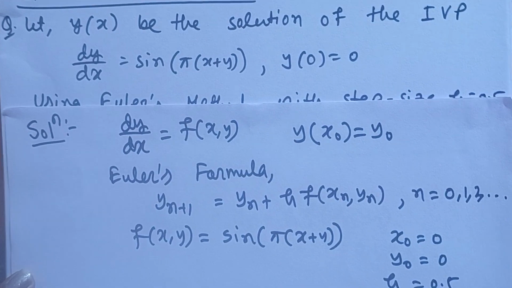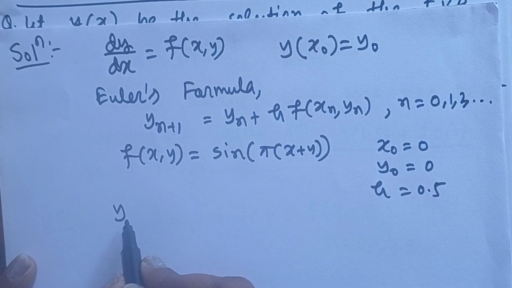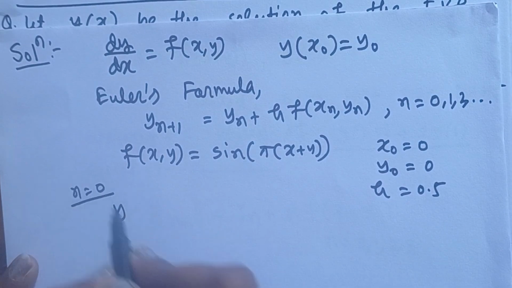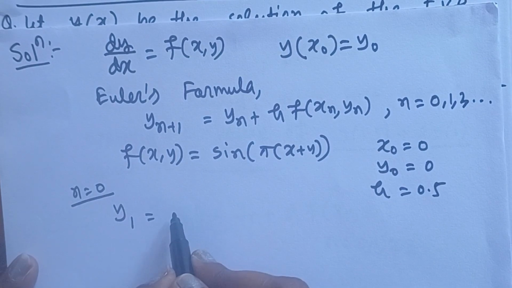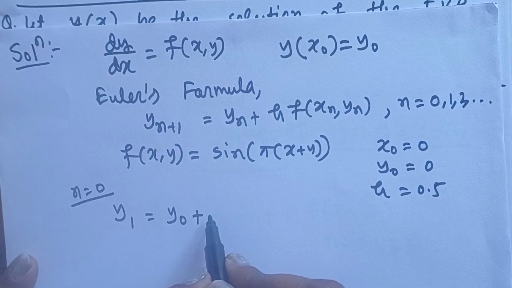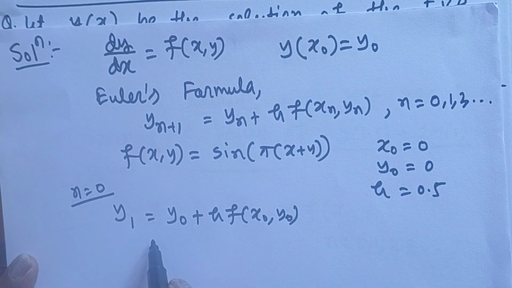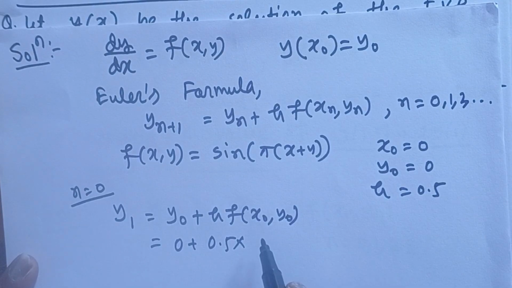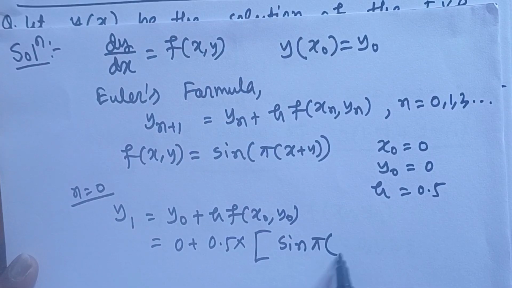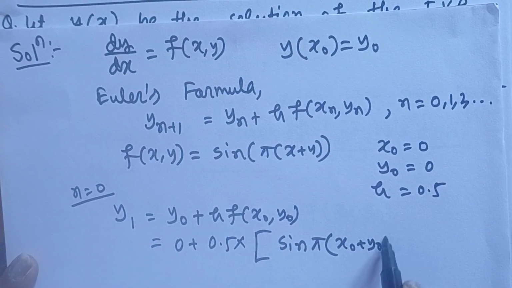Here x0 = 0, y0 = 0 and h is given as 0.5. So for n = 0, y1 = y0 + h f(x0, y0). We can get this by Euler's formula. So y0 is 0 and h is 0.5, and f(x0, y0) is sin(π(x0 + y0)).